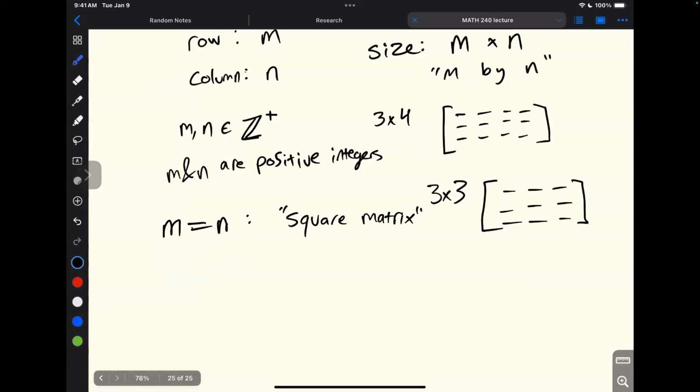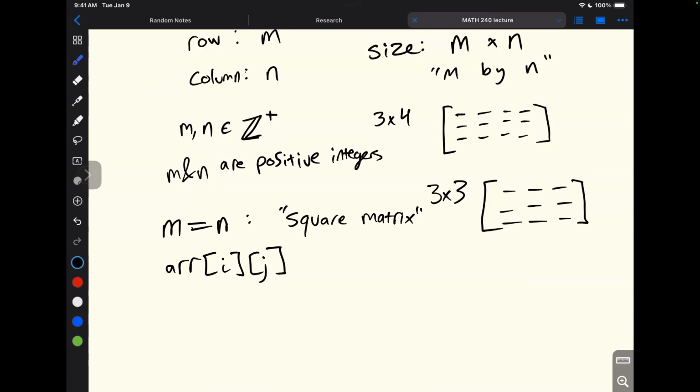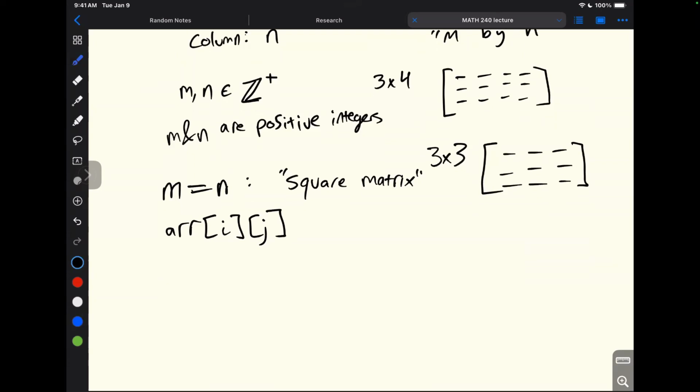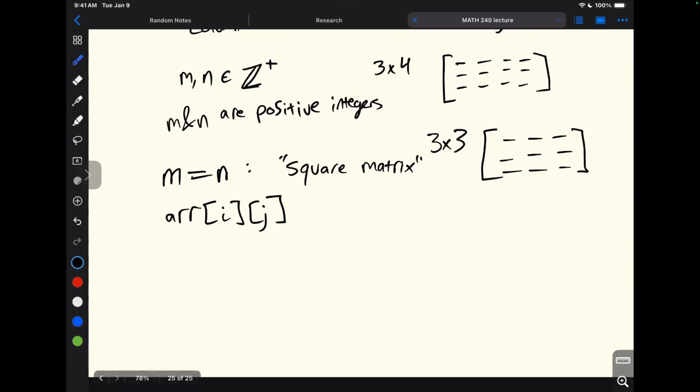Additionally, each entry in our matrix gets its own address. So if we're looking at a 2D array, we can say I and J, that's how we index our 2D array. Each entry also gets 2 numbers, and we typically write it row, column.